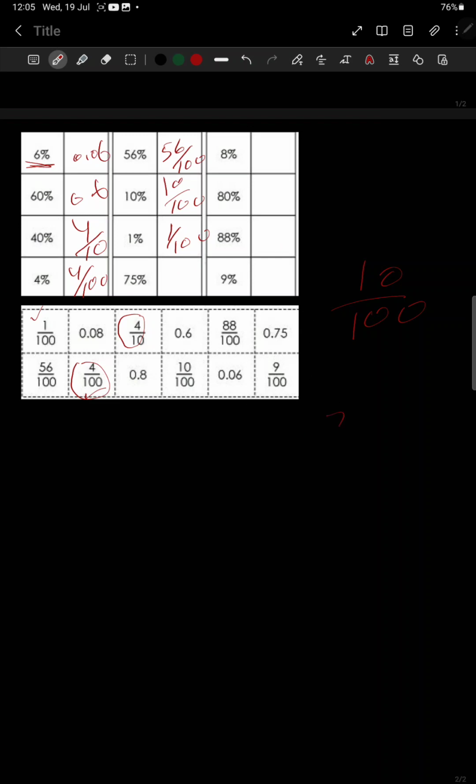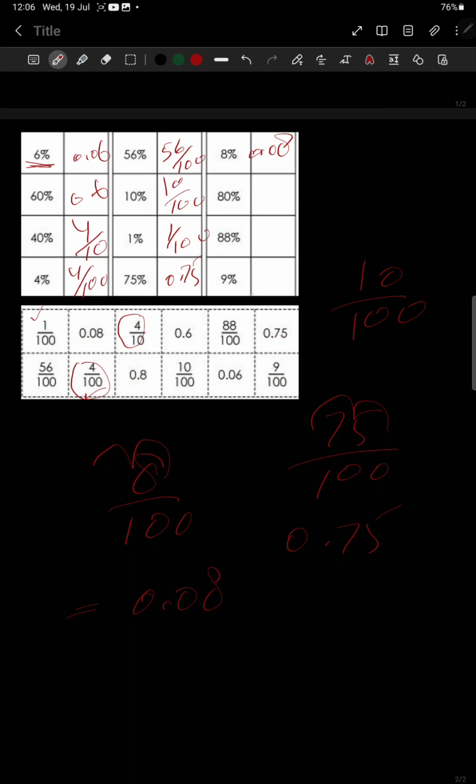We don't have 75 over 100, so we convert it into decimal. It will go 2 steps back, 0.75 over here. 8% means 8 over 100. Do we have 8 over 100 over here? No, we don't, so we will move into decimal. 0.08, the decimal will move 2 steps back. Do we have 0.08? Yes, 0.08.